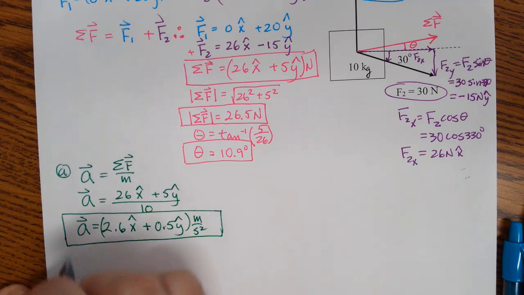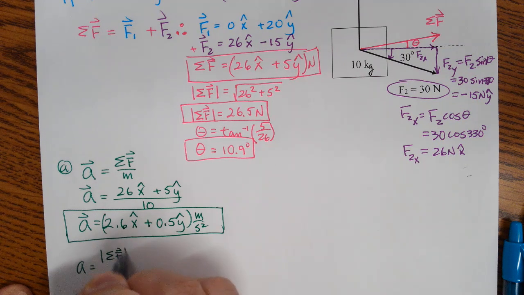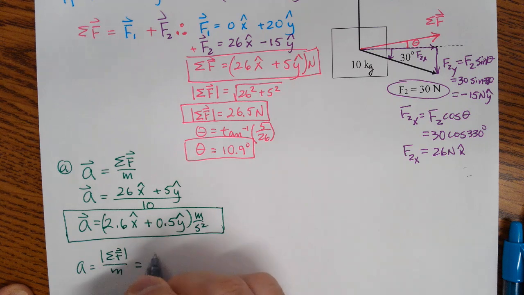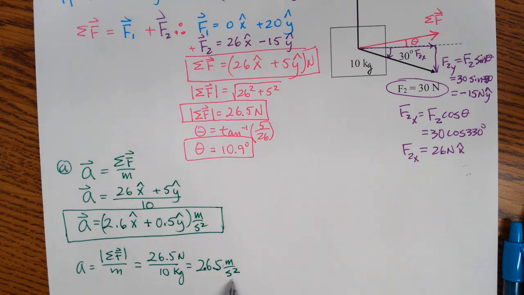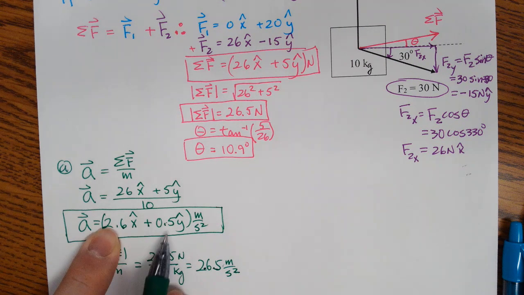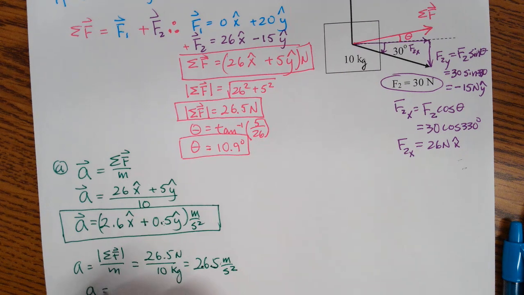Or you can simply say my acceleration magnitude is the magnitude of my net force divided by its mass, and that is 26.5 divided by 10. This is newtons, this is kilograms, and this should come out to 2.65 meters per second squared. Now that is exactly the same as this squared plus that squared, square rooted. So the acceleration is 2.65 meters per second squared.